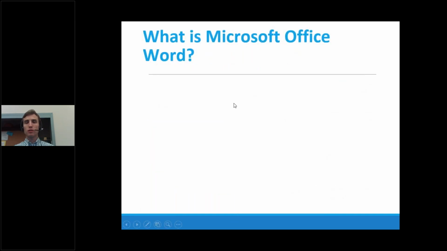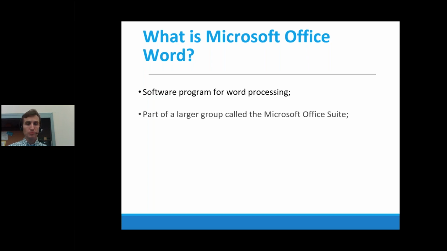So let's start with a very basic question: what is Microsoft Word? It's a software program for word processing, just another way of saying a software program designed to let you type up a document. It's part of the larger group called Microsoft Office Suite. Office is essentially a suite, or a package of different programs designed to do different things.